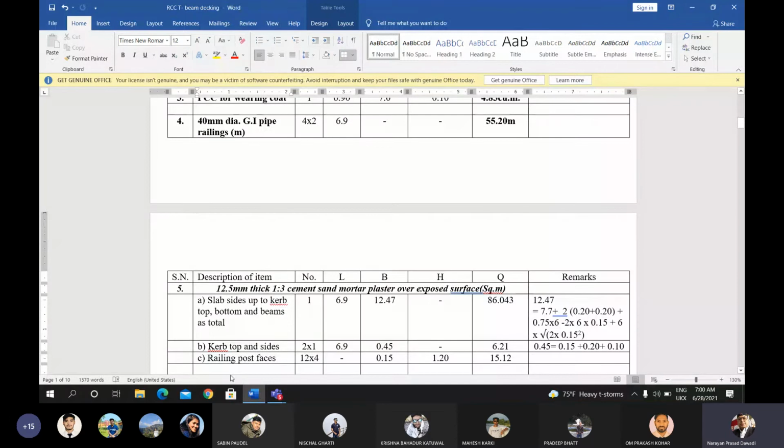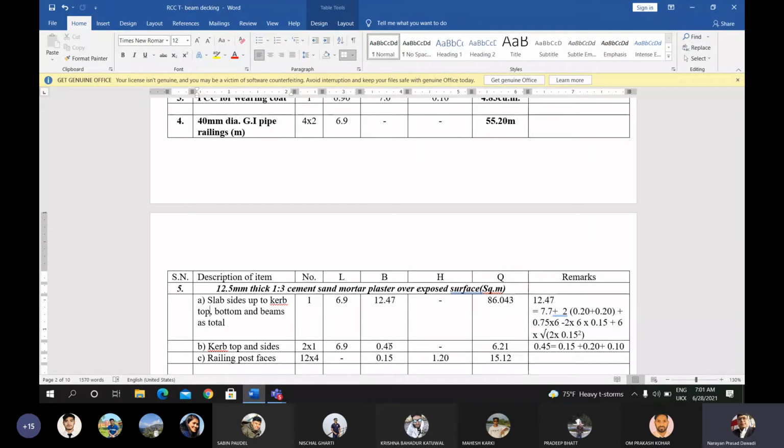for the second core top and sides, the core is of 2 numbers, for the left and right hand side. The length is 6.9. Okay, and the breadth is 0.45 because the breadth is considered as 0.35 for the top and 0.10 for the vertical sides.